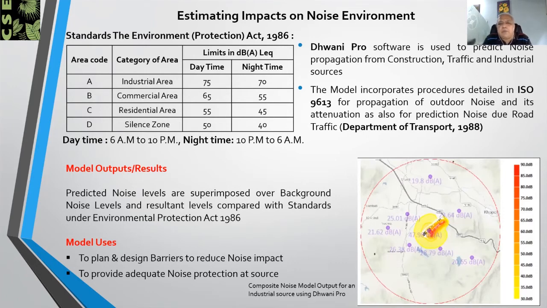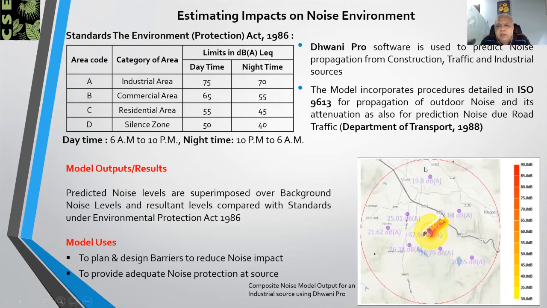And the model is based upon ISO 9613, and has various facilities for determining outdoor noise attenuation, and for predicting noise due to road traffic. Again, the predicted noise levels are superimposed over background noise levels, and the resultant levels are compared with the standards under the Environment Protection Act.